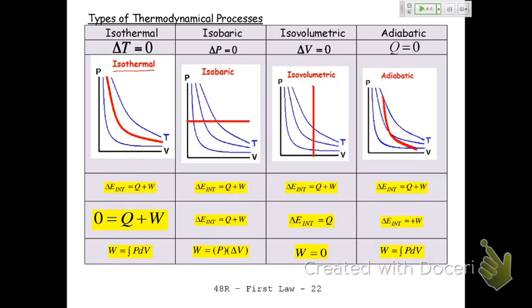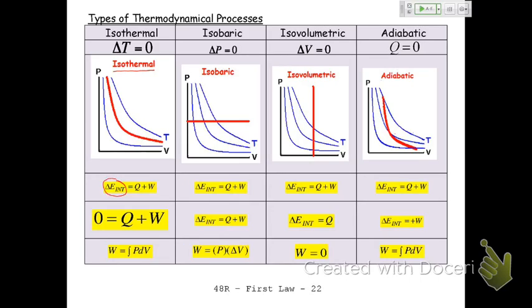That's what we said before. It's not equal to it, but if the internal energy goes up, the temperature goes up. If the internal energy goes down, the temperature goes down. So if there's no change in temperature, I know the change in my internal energy is zero.